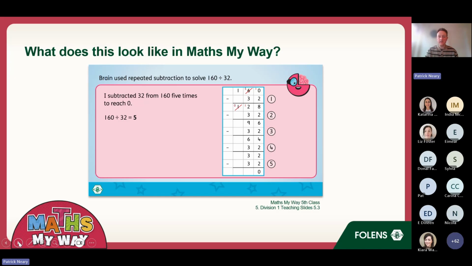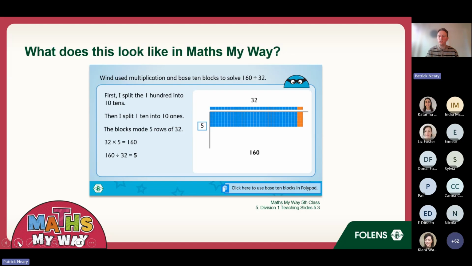Now, if this has already come up in your class, if a child has already come up with this way and you've already had a whole class discussion on it, there might be no need to spend time. Like if you've gone through it beforehand, you know what's coming up. And if you've already spoken about this, there might be no need to go through each slide individually. If you've had enough class discussion, if you've had your opportunity for maths talk where children have been explaining how they solved it, then the slides here you could possibly skip.